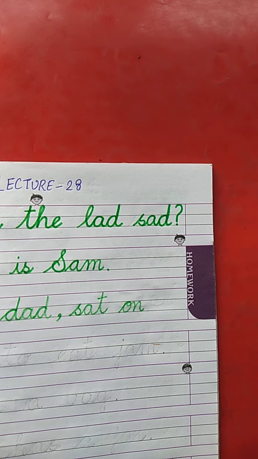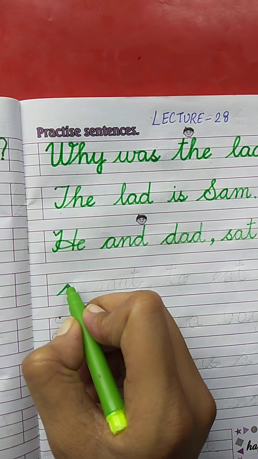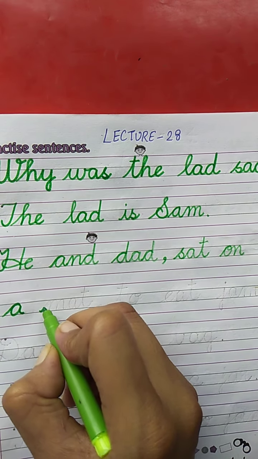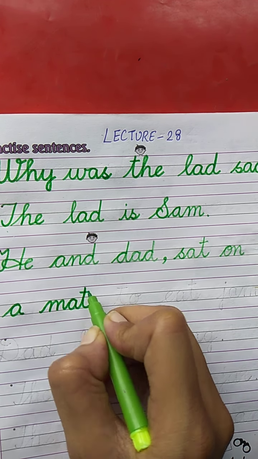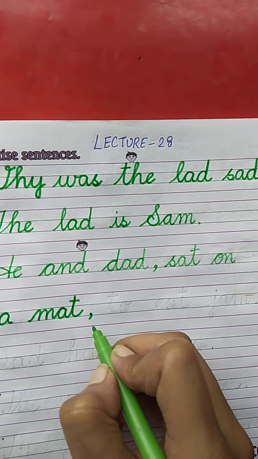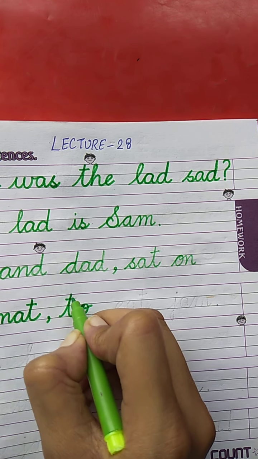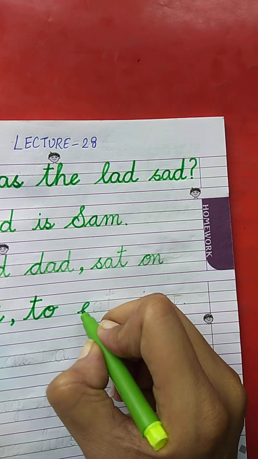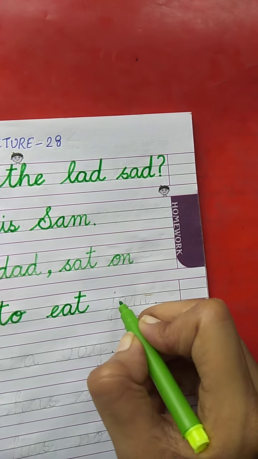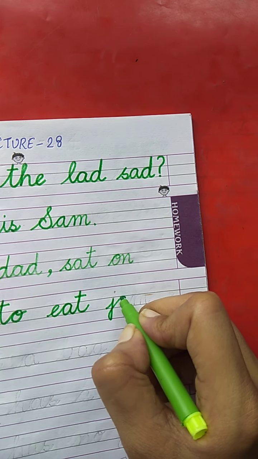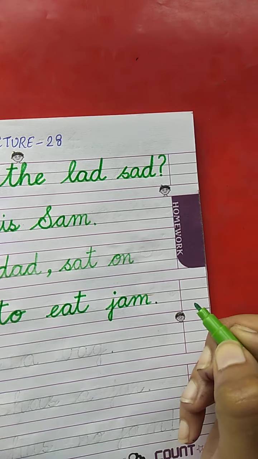O and on. A M A T, mat, कॉमा, इसको क्या बोलते हैं चिल्ड्रन? कॉमा. T O, to. E A T, eat. J A M, jam, and this is full stop.